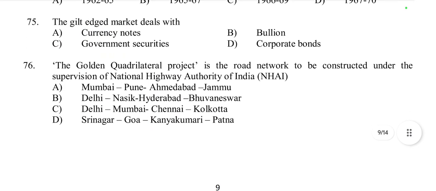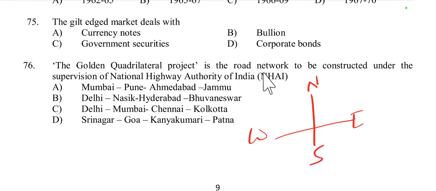Then question number 76: the Golden Quadrilateral project, from east, west, north, south. It is a road network project constructed under the supervision of the National Highway Authority of India, NHAI.